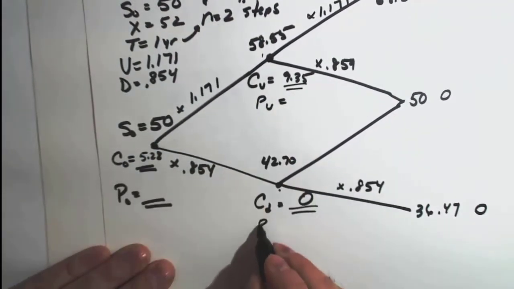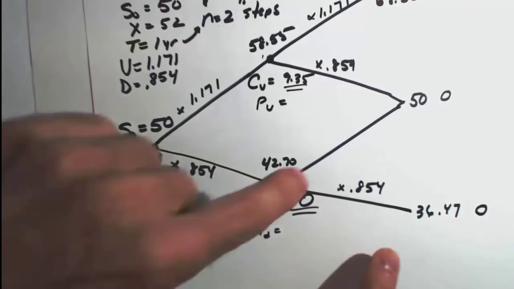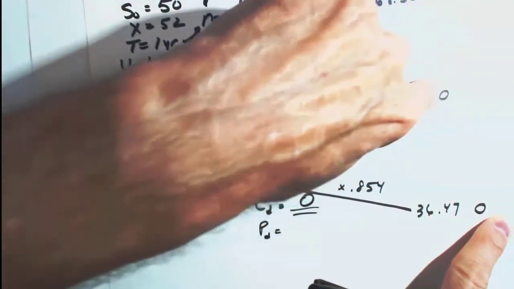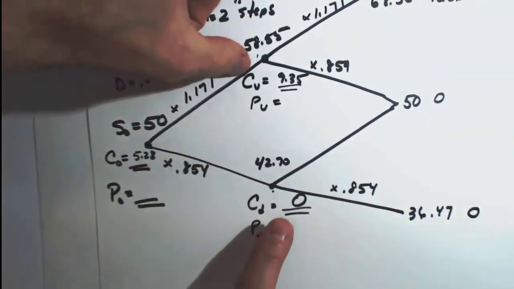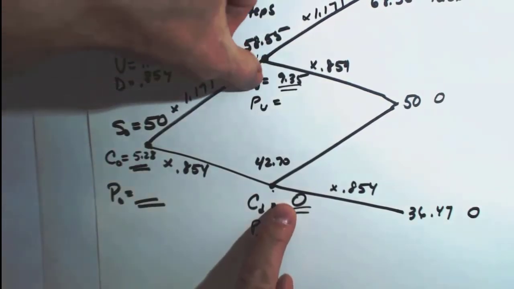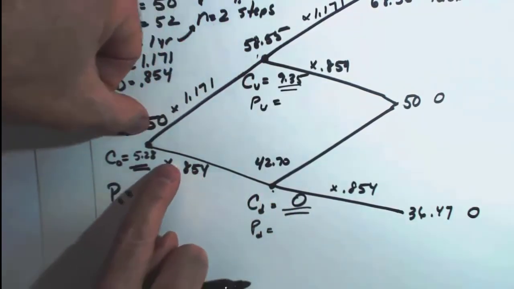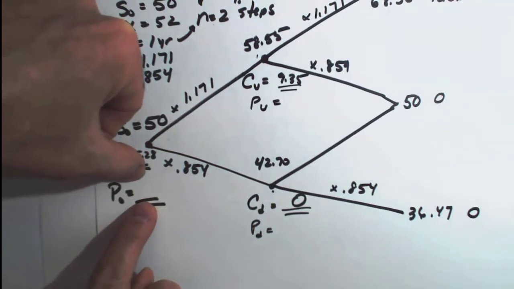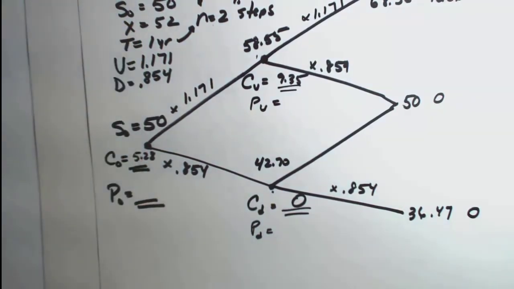Then we're going to figure out the put on the down node using these two put values. And then we're going to do the whole thing over again, taking these two puts and bringing them back till we come up with this put value. Okay? So it's repetitive. And so I don't think the formulas are worth looking at or using, because once you get the hang of it, you don't need the formulas anymore.